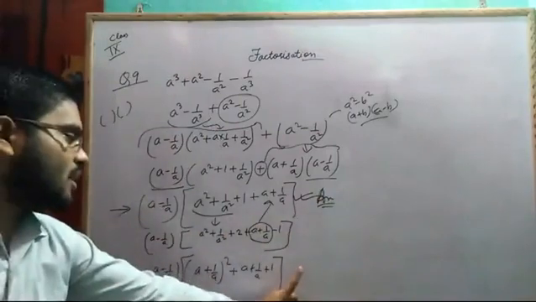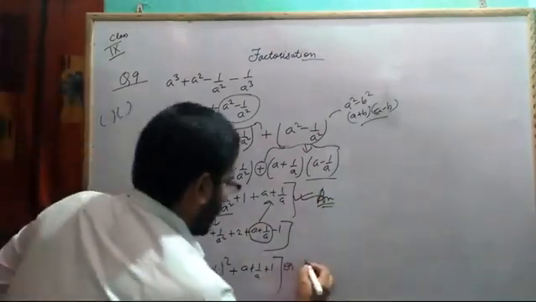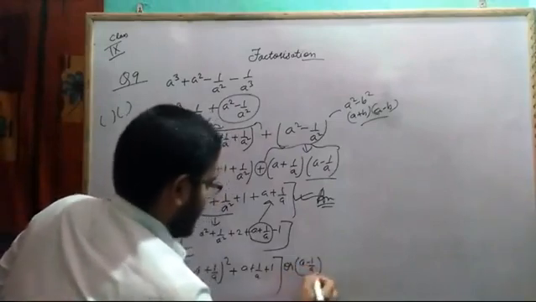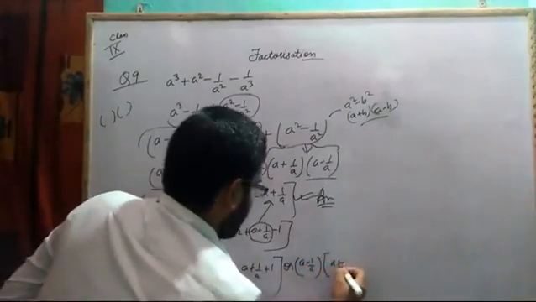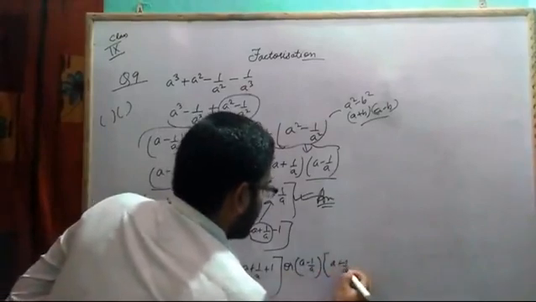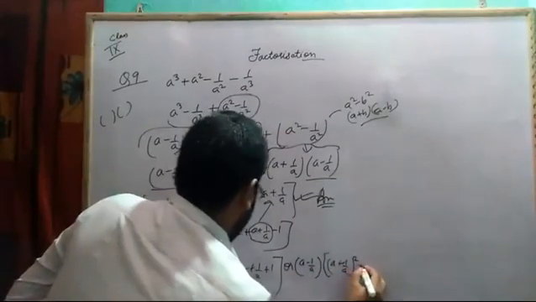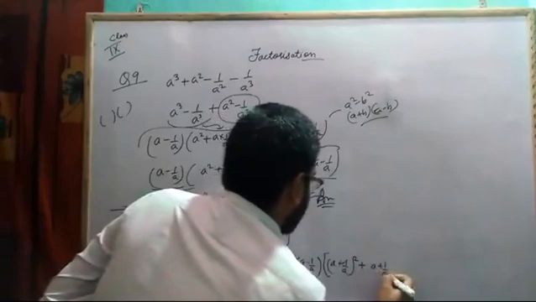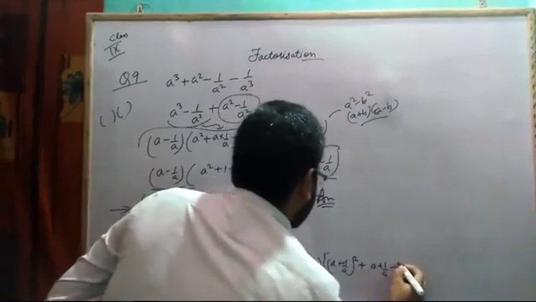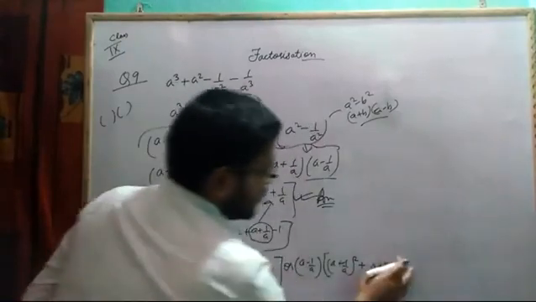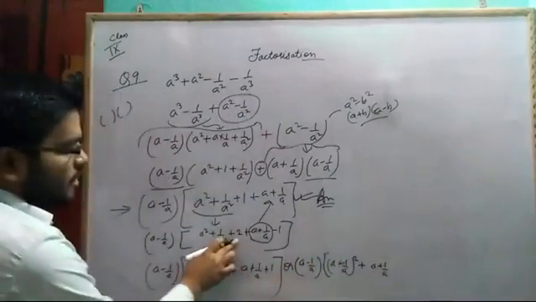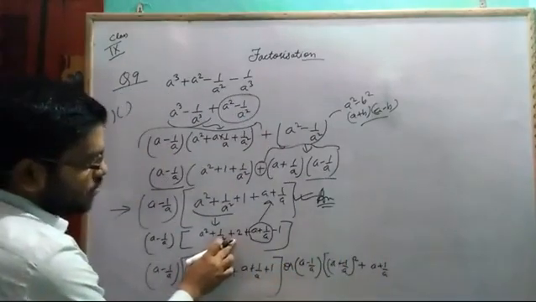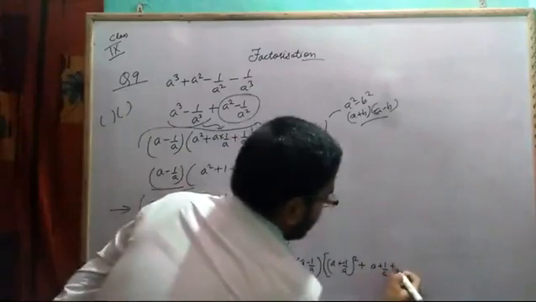Your answer will either come here or it will come like (a minus 1 by a) whole square plus (a plus 1 by a) minus 3. Minus 3, or here I will be taking minus 2, so plus 3 will come.